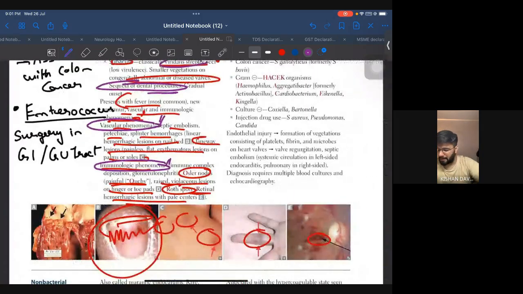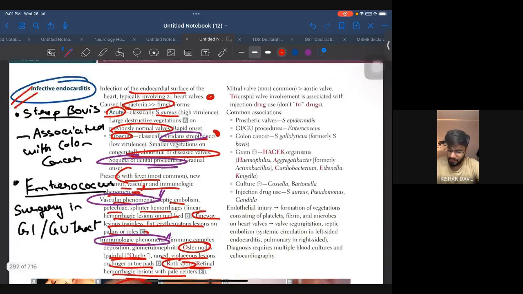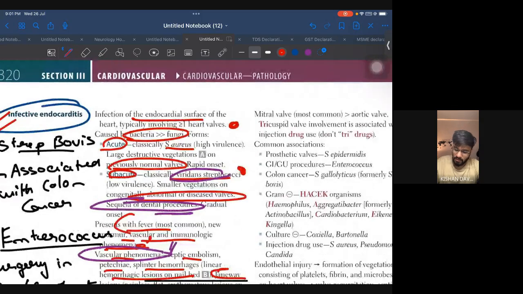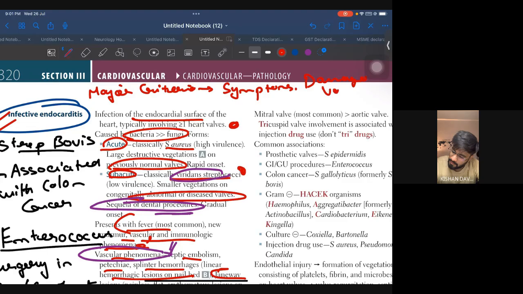Another thing: if we go from the medicine perspective, and as you know, Step 1 is based on medicine only. The major criteria for diagnosis are the symptoms, damaged valves, and bacterial culture.